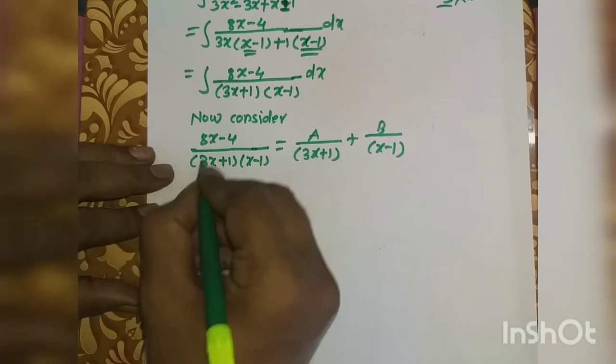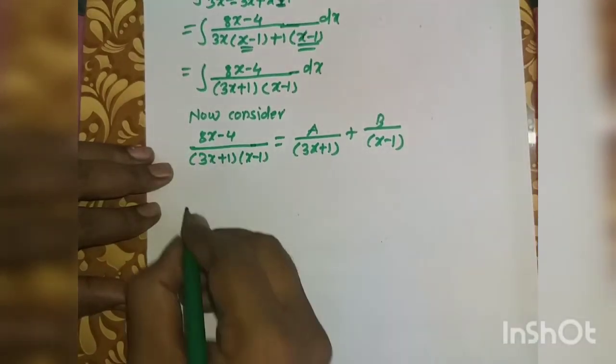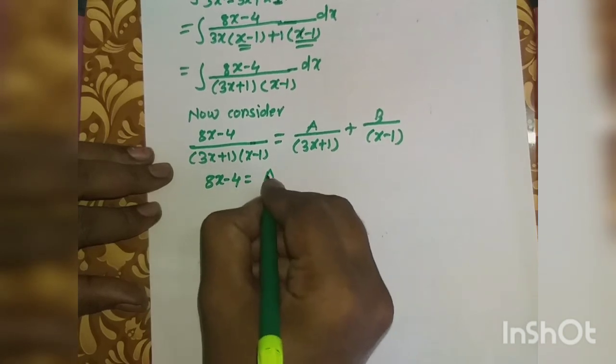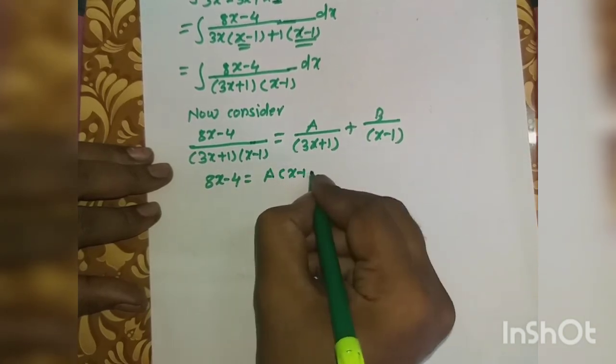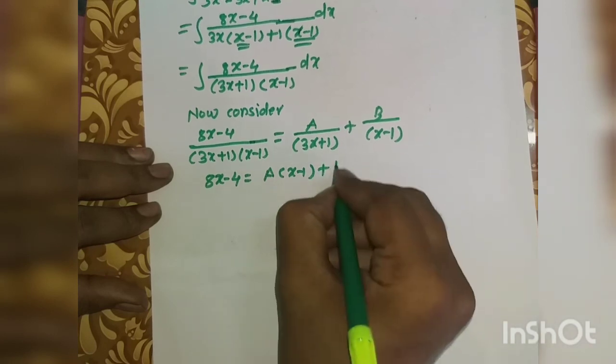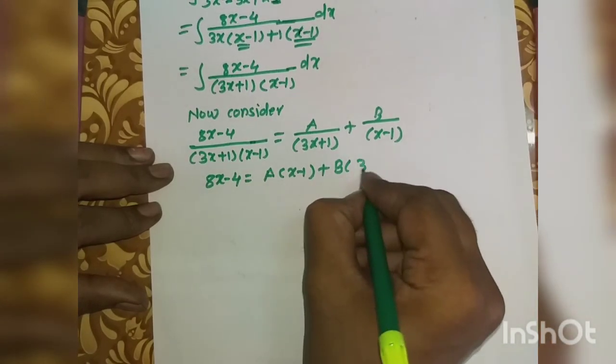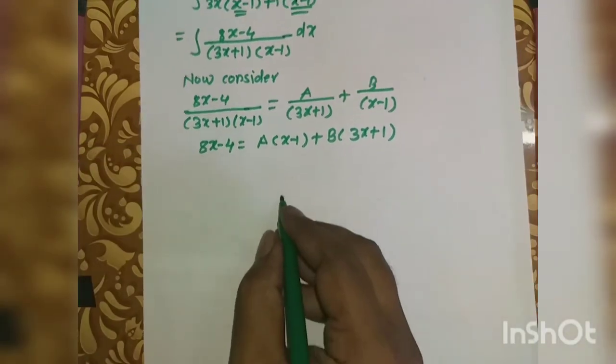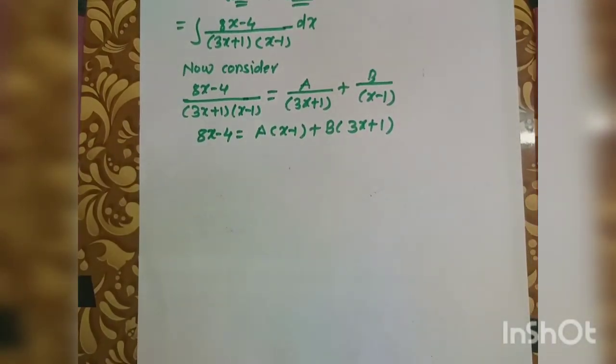We write directly the numerator only, because the denominator is cancelled: 8x minus 4 is equal to a into x minus 1 plus b into 3x plus 1. Now again we find the values of a and b.